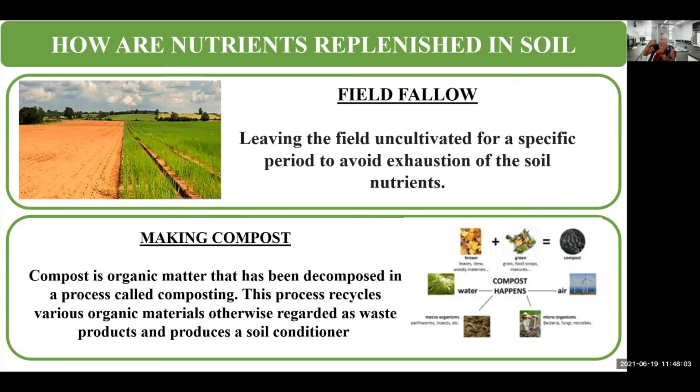If you want, add water by spraying it on the pile in order to regulate the moisture content. After the 14th to 16th day, it will become compost, ready to add to the field. So the compost is ready and we can use it for plant growth.